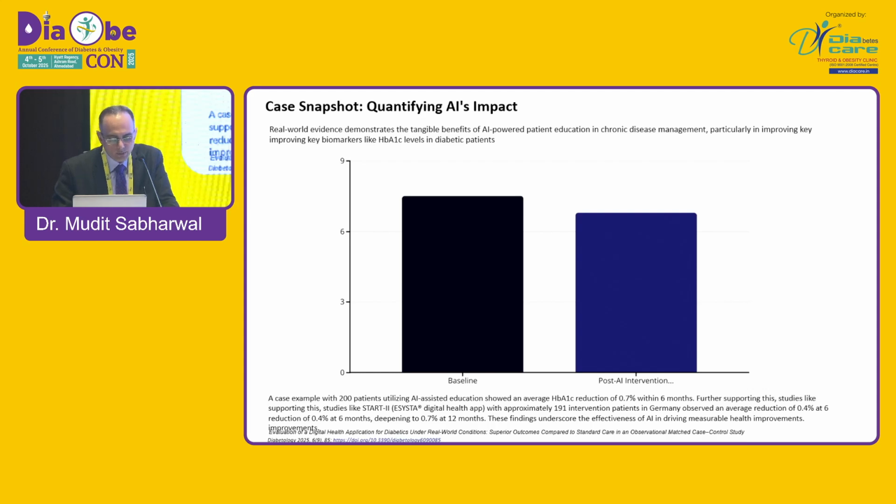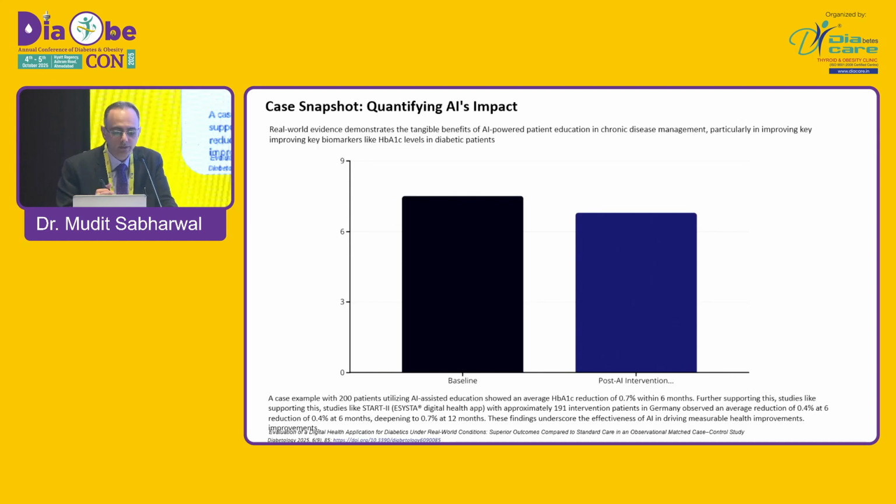This is a study which was published in Diabetology in 2025, which was basically a real-world evidence study that demonstrated tangible benefits of AI-powered patient education in chronic disease management, particularly improving biomarkers like HbA1c. This had 200 odd patients, which showed an HbA1c reduction of 0.7% when the patients were followed up for 6 months.